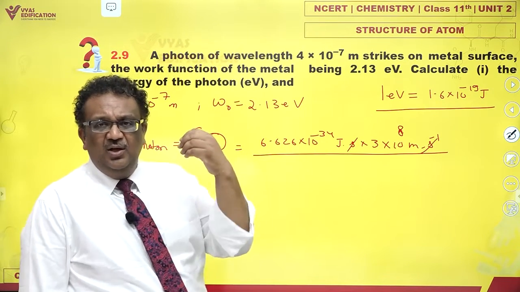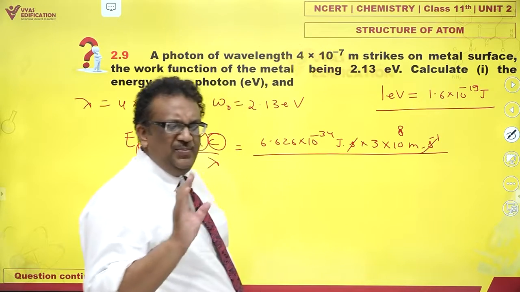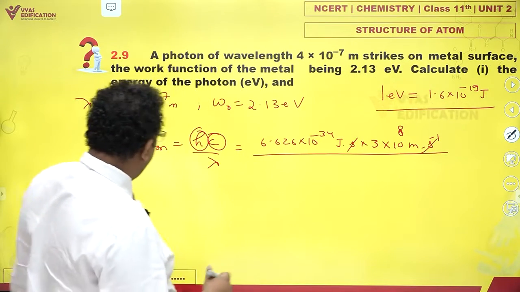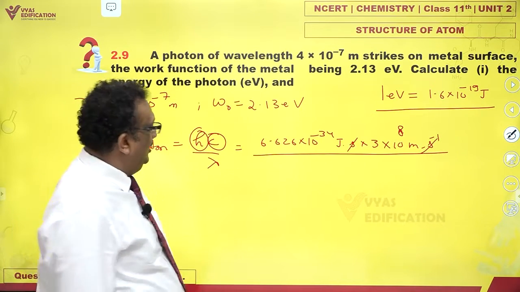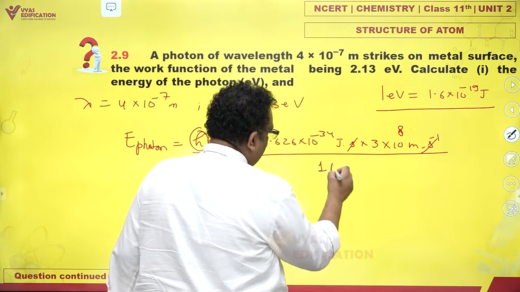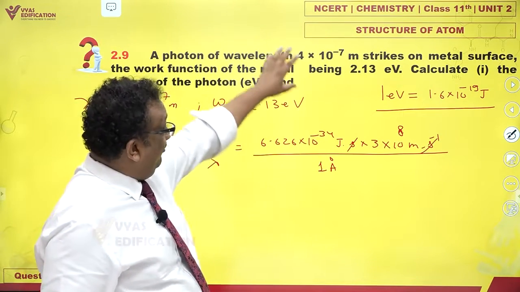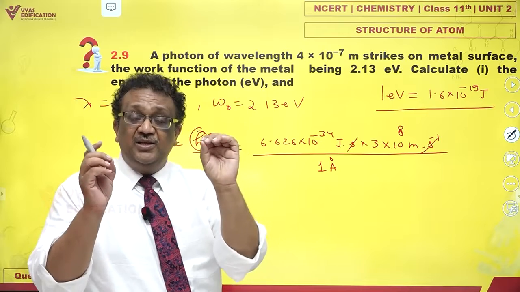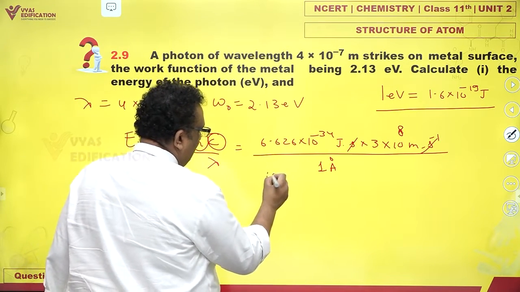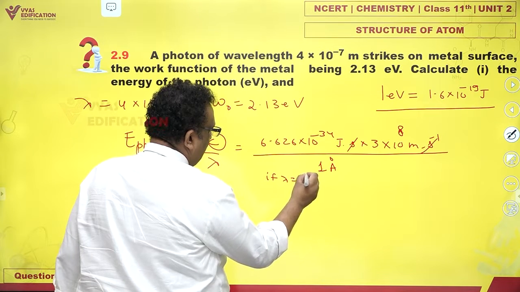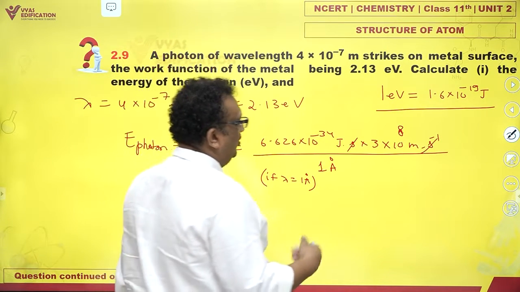But let us say, just for the sake of simplicity, that lambda is 1 angstrom unit. I'm not saying lambda is 1 in our question; I'm saying let us assume a case where lambda equals 1 angstrom unit. And if you're not happy, just keep it as lambda angstrom units.